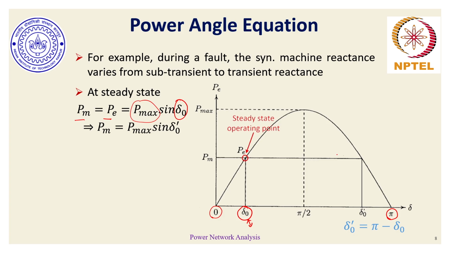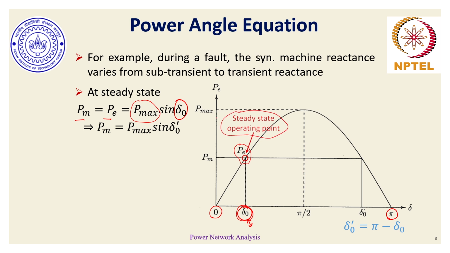We'll understand that in the next few lectures, but there is another interesting aspect here. If delta naught can be the initial operating point or equilibrium point before the disturbance has happened, why are we saying that PE marked over here represents the steady state operating point?